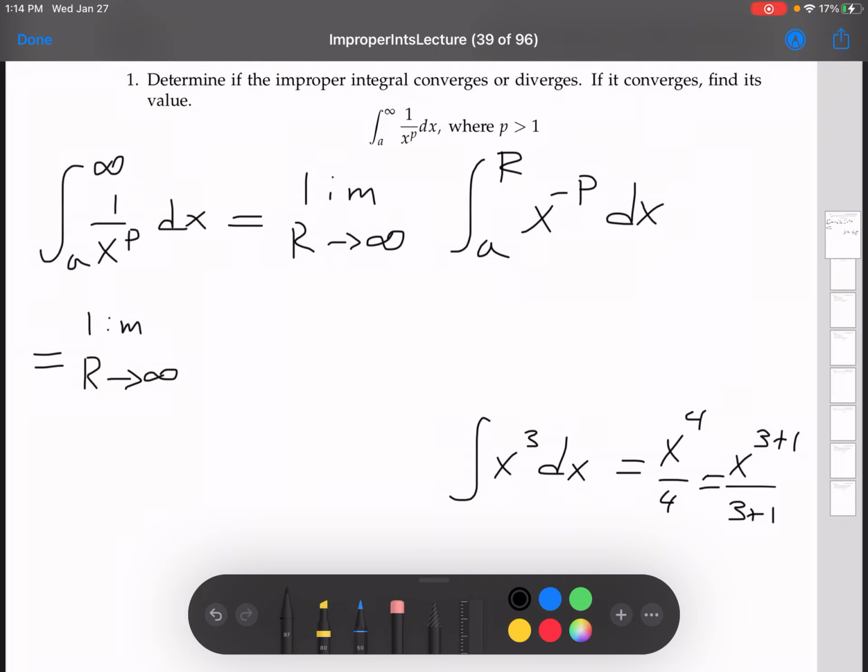Same thing here. The antiderivative of x to the negative p is x to the negative p plus 1, divided by that amount, negative p plus 1. We're going to evaluate from a to r.